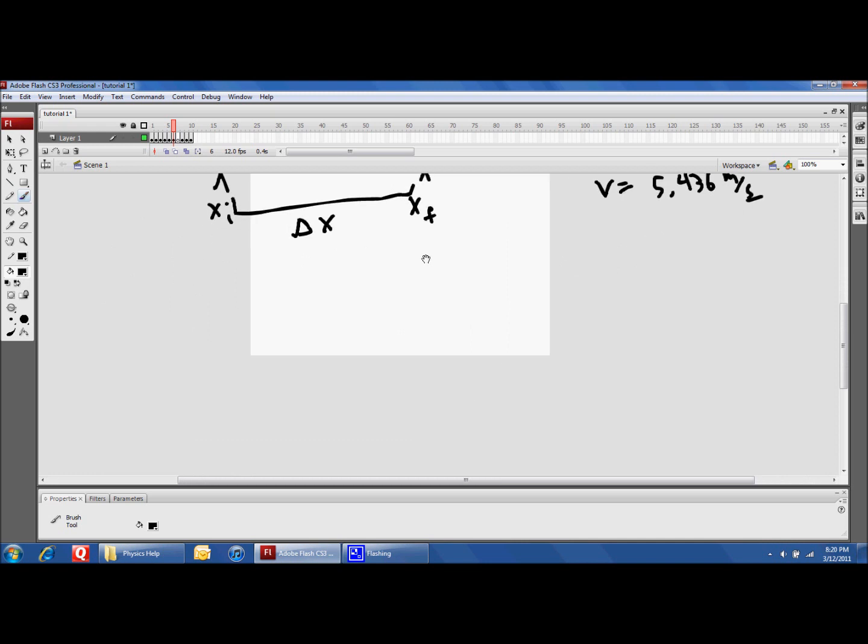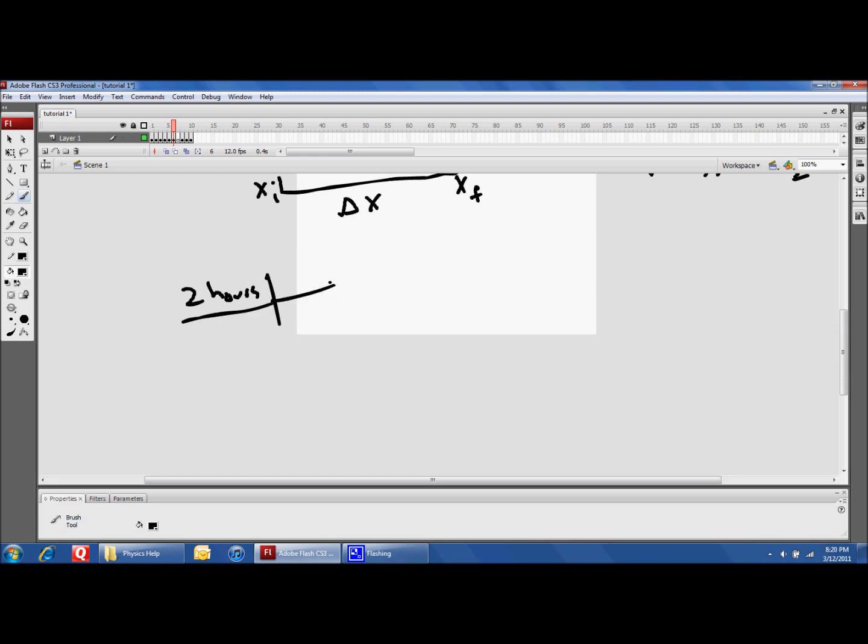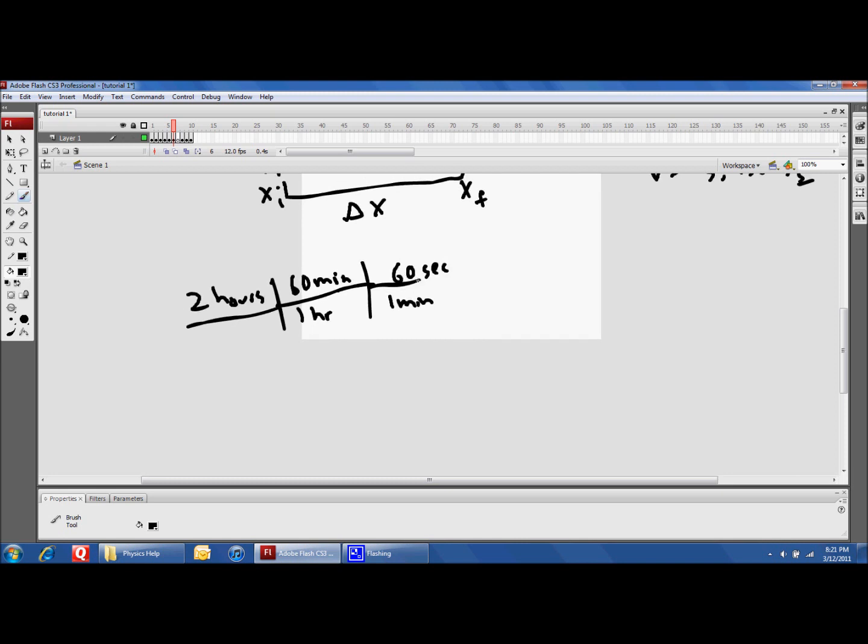So what we're going to do is we're going to use the same kind of table format that we used in the last problem. So we're going to convert 2 hours into seconds. So for every 1 hour, there are 60 minutes, and for every 1 minute, there are 60 seconds. So then what we are going to do is convert the minutes into seconds.